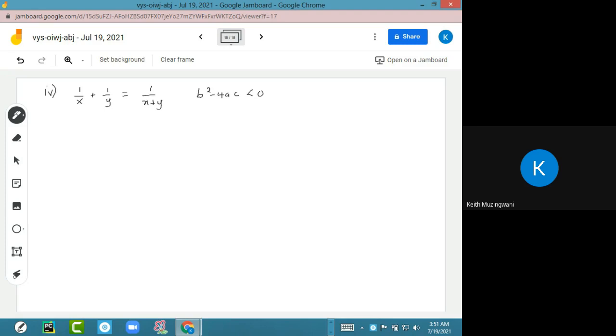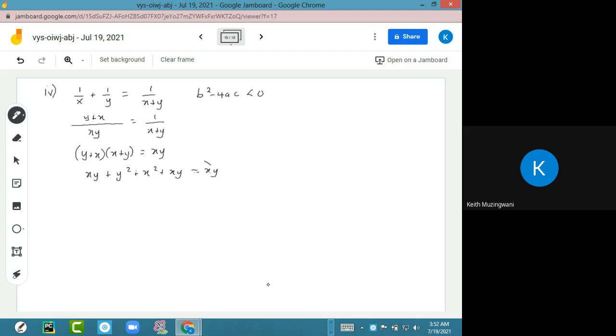So let's try to cross multiply things here. So first, xy as a common denominator will give us y plus x is equal to 1 over x plus y. Cross multiply, we'll get y plus x times x plus y is equal to xy, giving us xy plus y squared plus x squared plus xy is equal to xy.